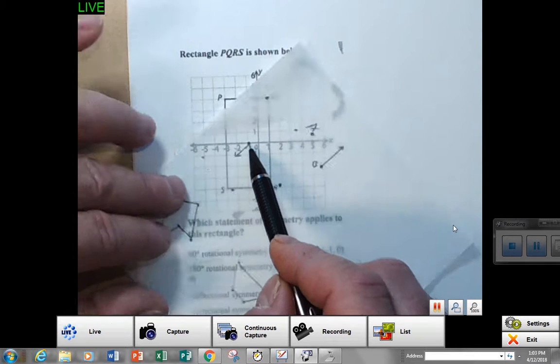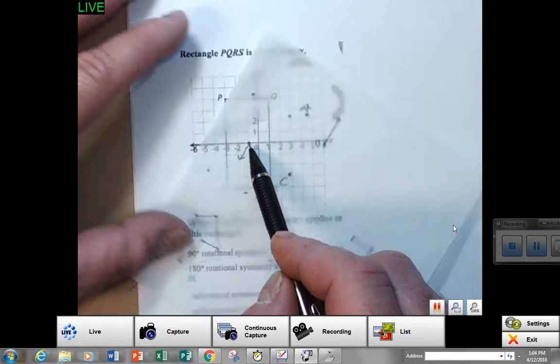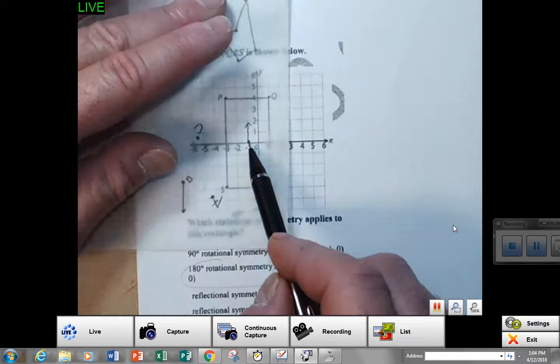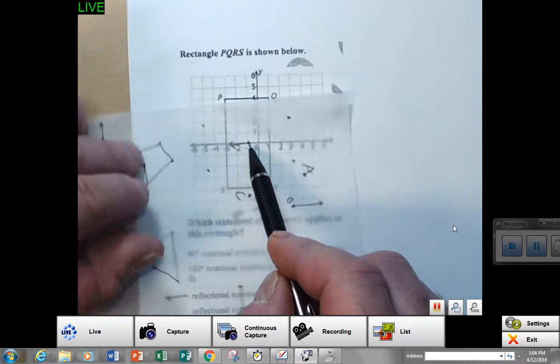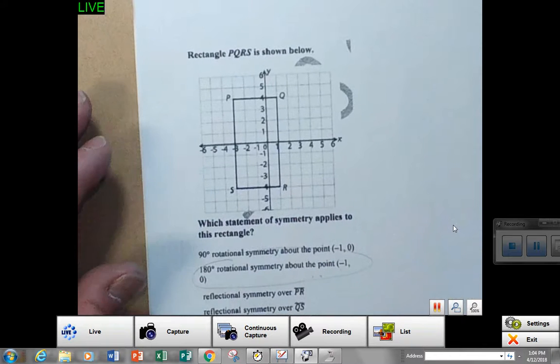But if I go another 90, right back onto itself, so rotational symmetry would have to be a 180 degree turn to get back to that original. That's why it's this one right here.